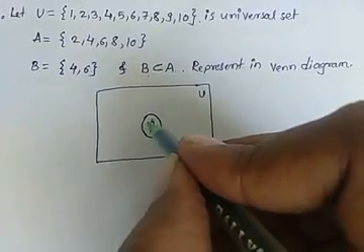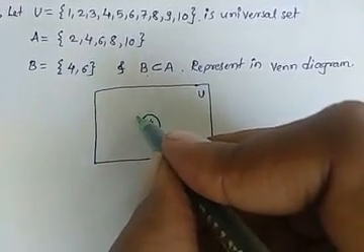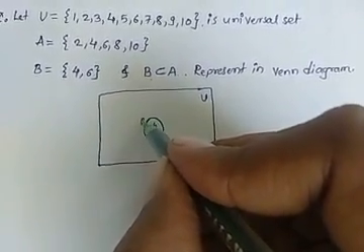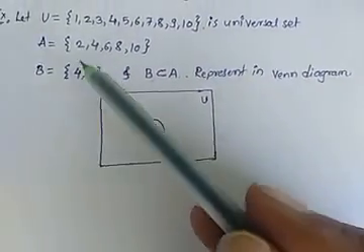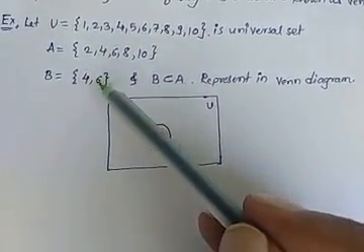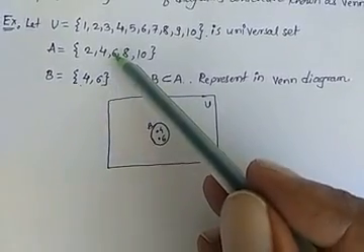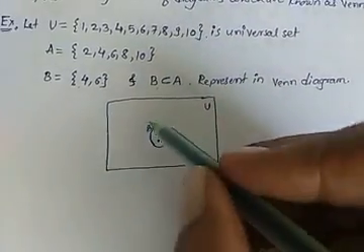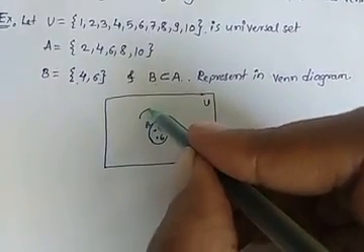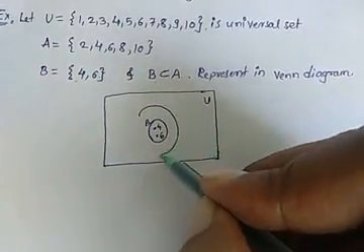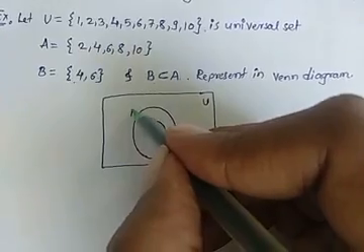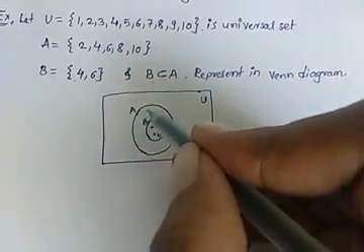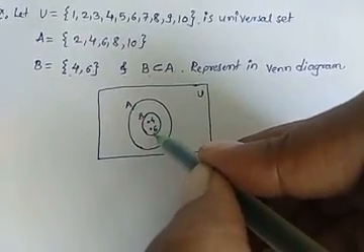These are the two elements contained in set B. Now to draw A, the whole set 4 and 6 is contained in set A. So we draw A, which should contain B. So this is our set A which contains set B.